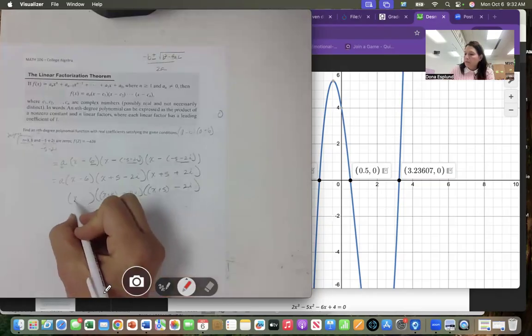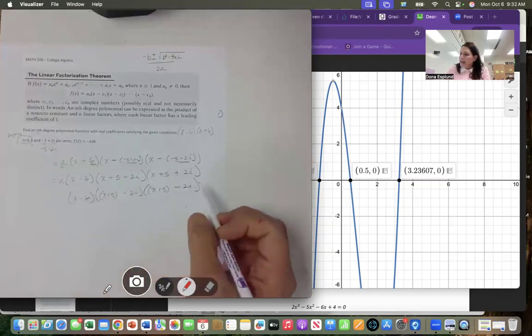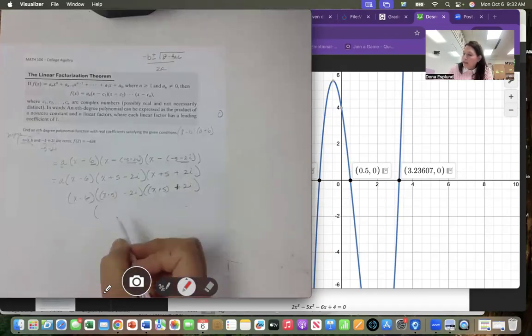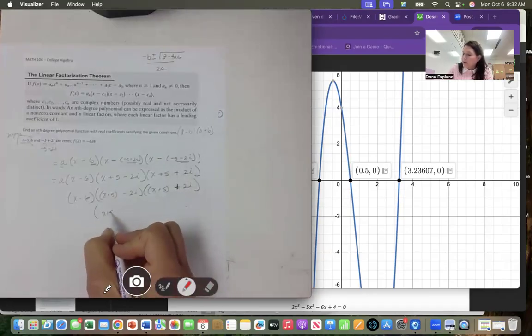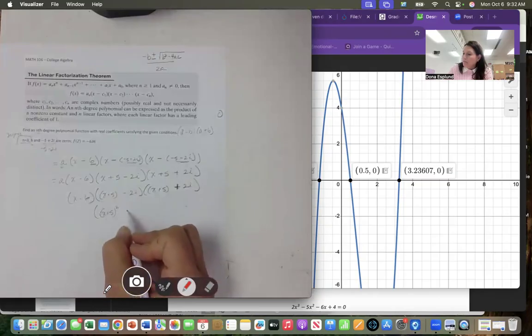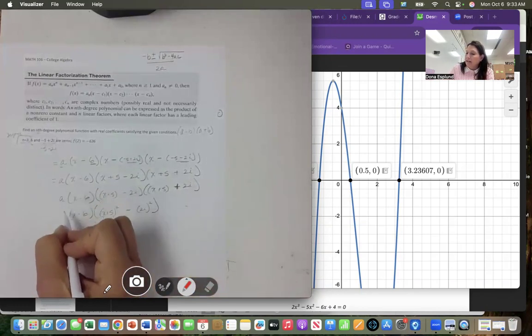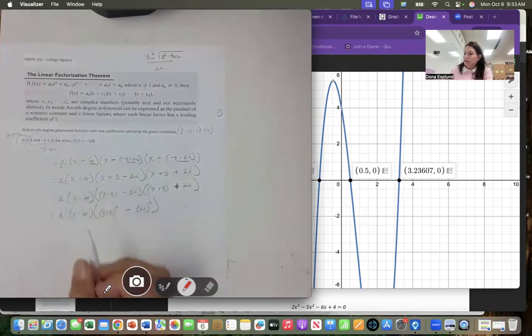So I'm going to end up with the expression x plus 5 squared minus the expression 2i squared. And it'll always work that way. I still have the a. I'm going to keep bringing everything down.